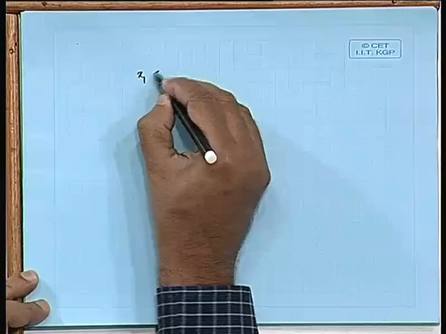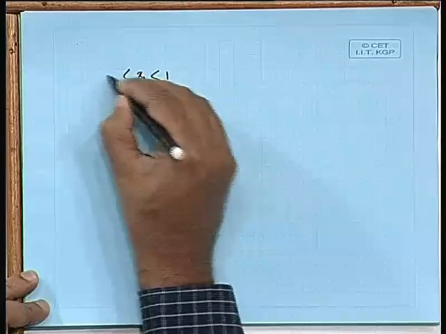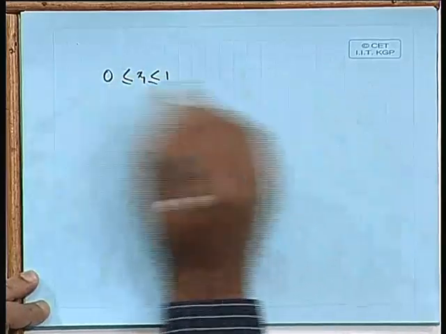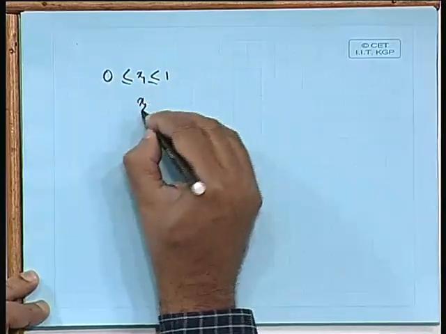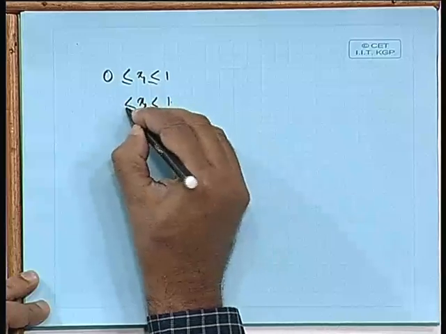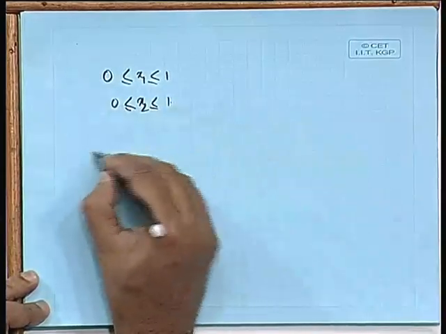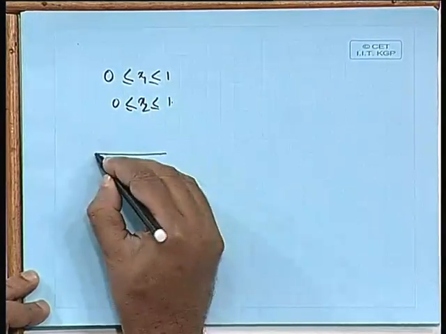The input vectors should be picked up from a two dimensional space, and let us say that we pick x1 and x2 from a space defined as follows: x1 lying within 0 and 1, and x2 lying within 0 and 1. We create a space like this.